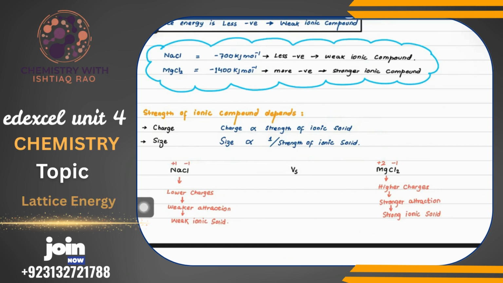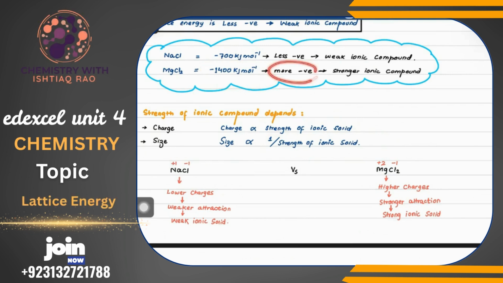Let's say sodium chloride is minus 700 kilojoules per mole. Minus means this is exothermic, of course. For magnesium chloride, the lattice energy is minus 1400. So this is the more negative number.